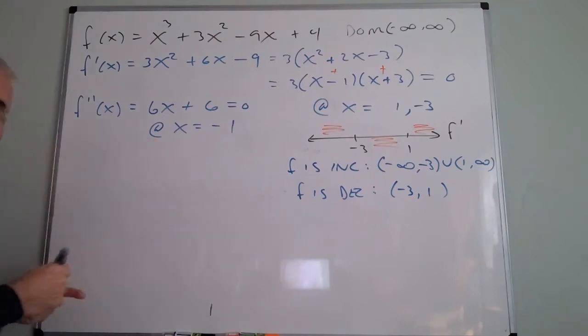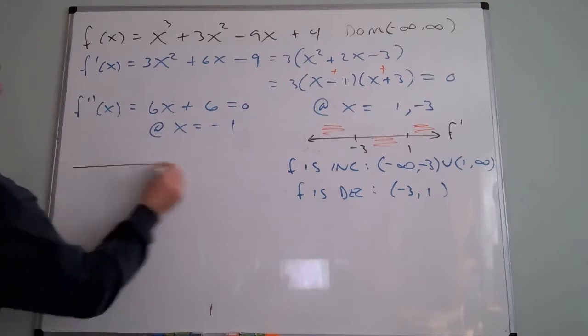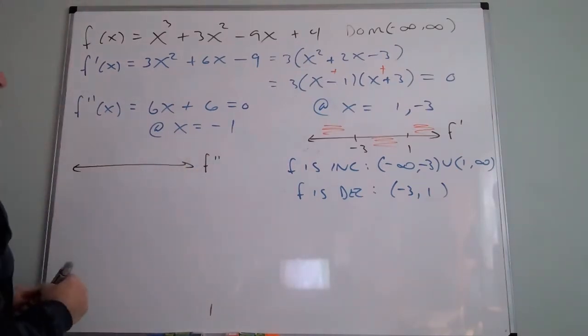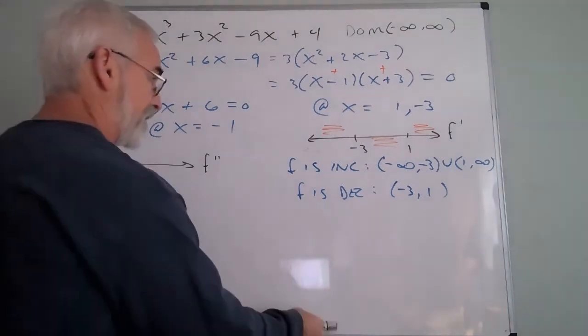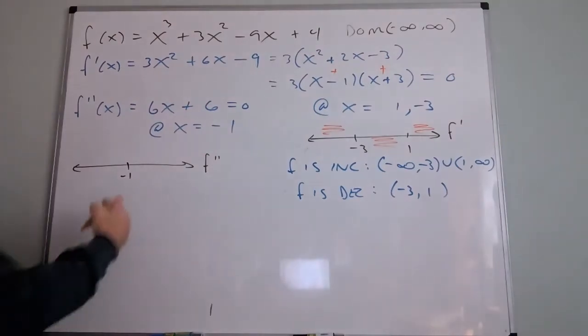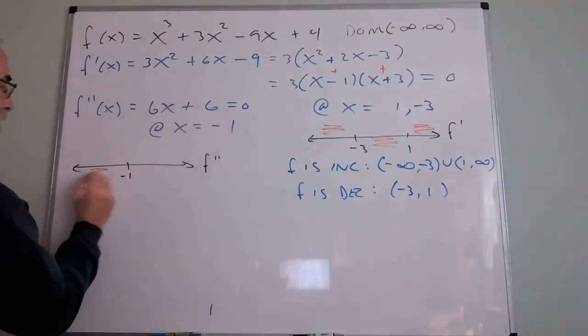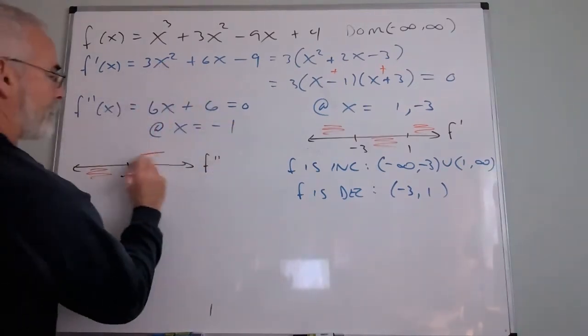Now over here, we're going to make a number line, and this will be our f double prime number line. And there's only one value on this number line, and it's the number -1. This one's easier. So if I pick a number to the left of -1, like negative bazillion, this is going to be negative. Anything to the right of -1, like positive bazillion, is positive.